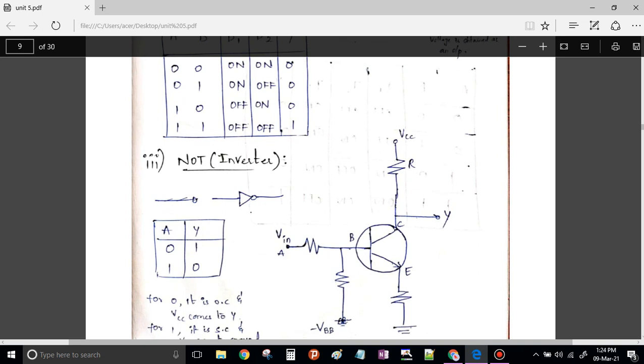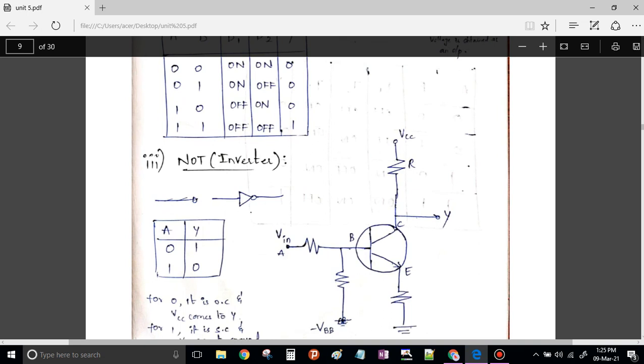In short, what you have to remember, like how you remembered in a diode: whenever you give a positive voltage to the P, your device will be on, and whenever you give 0, your diode will be in reverse bias, open circuit, and no output. Same way in the case of a transistor, when you give a positive voltage, it is in forward bias, same like your diode, and when there is a negative voltage, the transistor is in reverse bias and no current flows through your circuit.